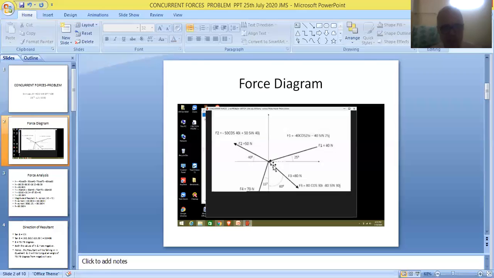And if it is shown in downward direction, we have to allocate a negative symbol. So allocation of symbols is very important. Positive symbols to be allocated only for forward forces and upward forces. Negative symbols to be allocated only for backward forces and downward forces.